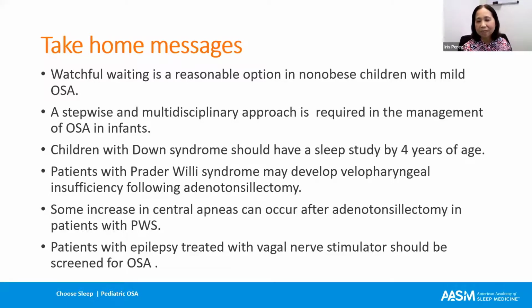Patients with Prader-Willi syndrome may develop velopharyngeal insufficiency following adenotonsillectomy. Some patients with Prader-Willi syndrome may have an increase in central apneas following adenotonsillectomy. And patients with epilepsy who are treated or being contemplated for placement of a vagal nerve stimulator should be screened for OSA with PSG.